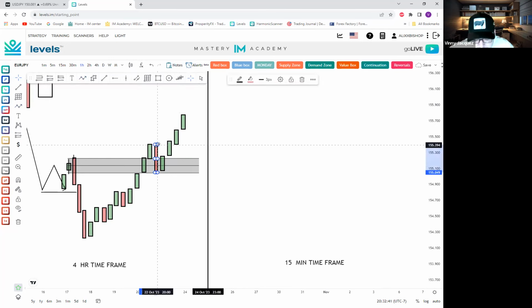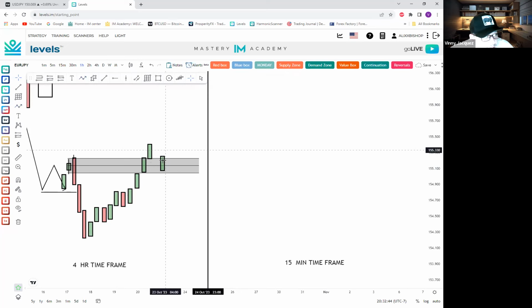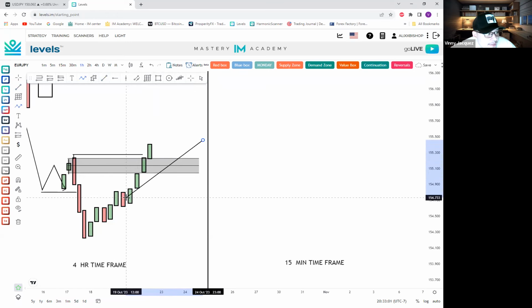Where's my second entry, guys? If we just got a change of character to the upside, we need to find this rally. Boom. We just found it, this rally. We need to follow it right back down to the last selling opportunity candle.